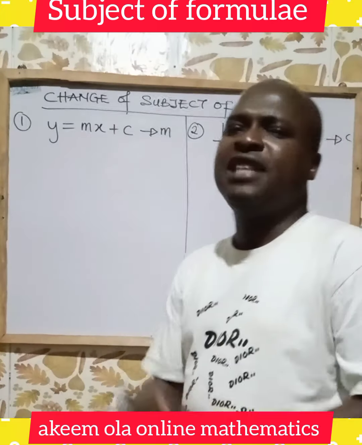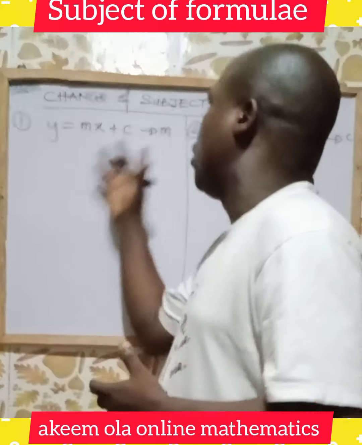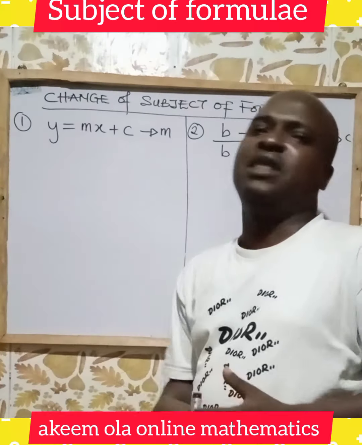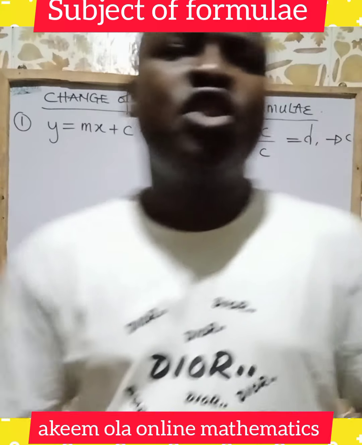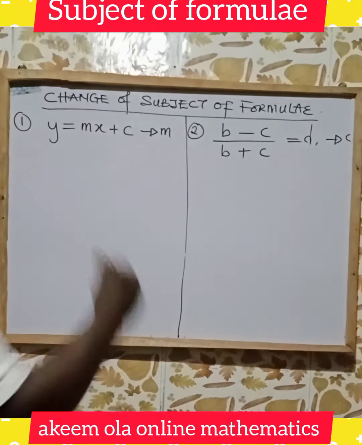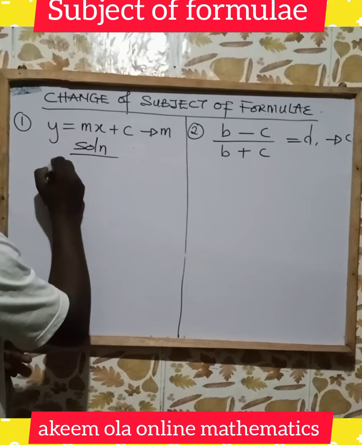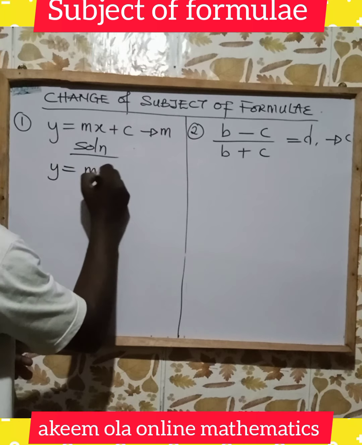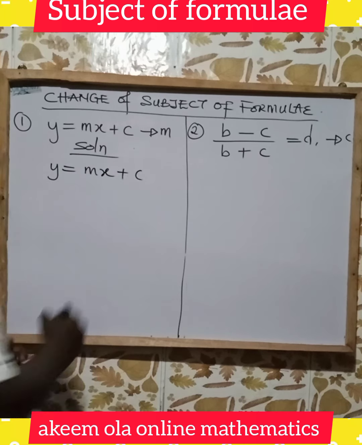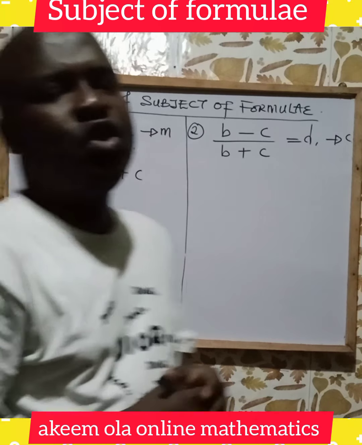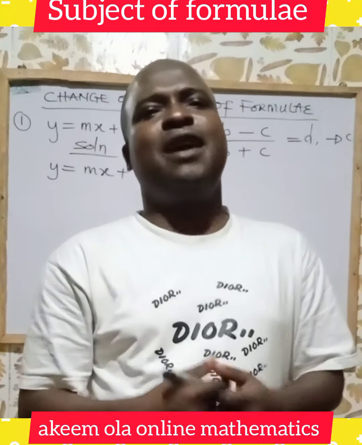That is, we want a situation whereby this m will be equal to every other variable that is used here. Let's go solving. I have here the solution. The first one I have is y is equal to mx plus c. The first thing I have to do is collect like terms.